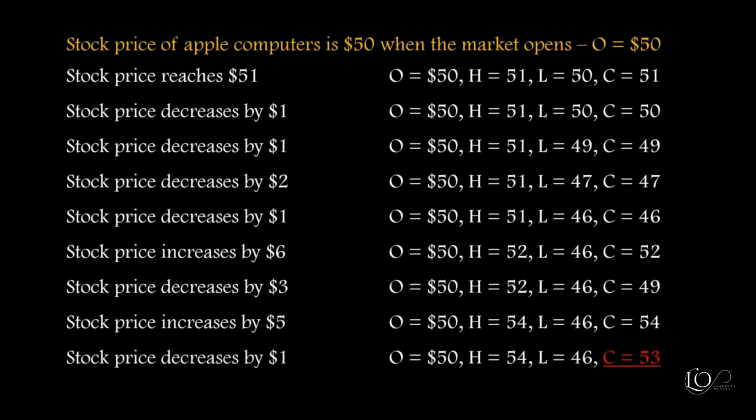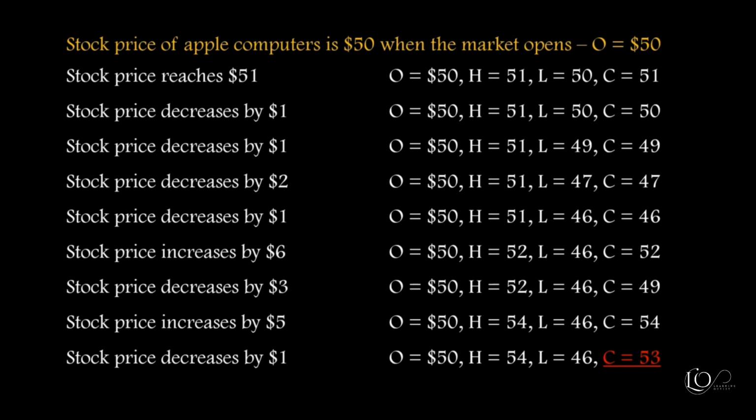And now it decreases by $1. So what happens here is that the closing price goes down to 53. The low, the high, and the opening price remain the same. So if you remember, in the previous example as well, the closing price was 53.